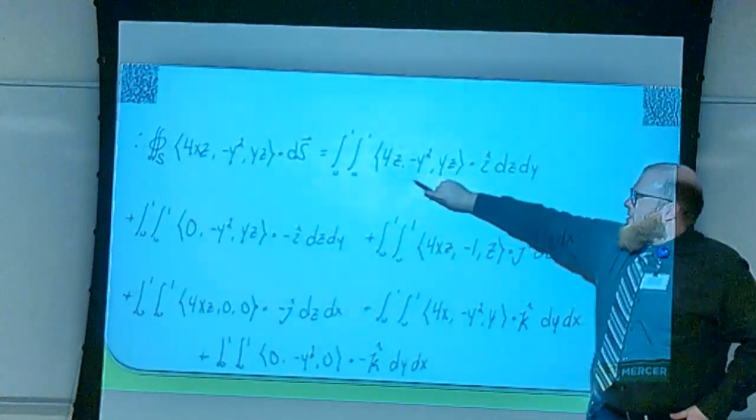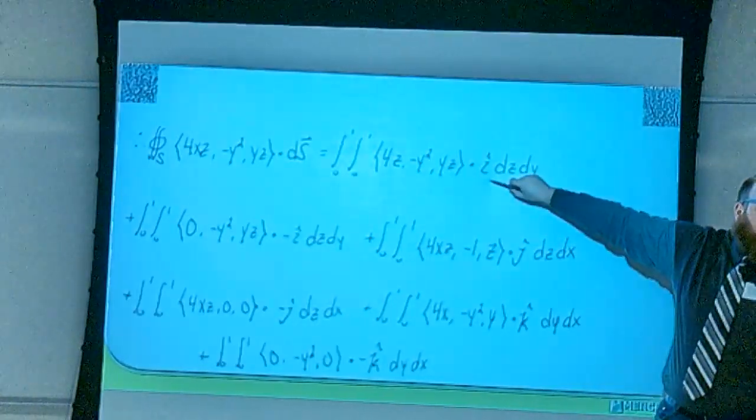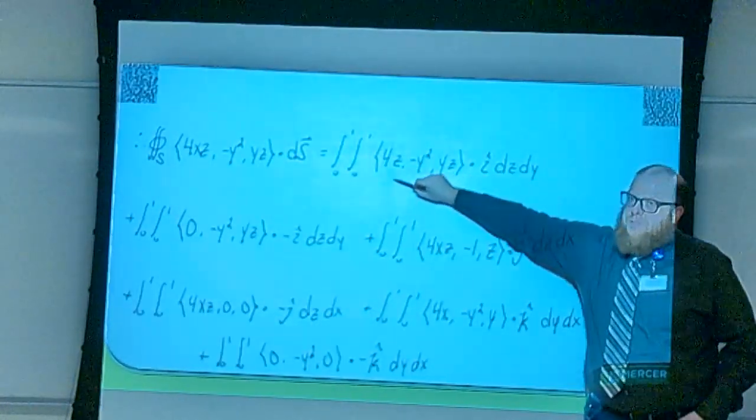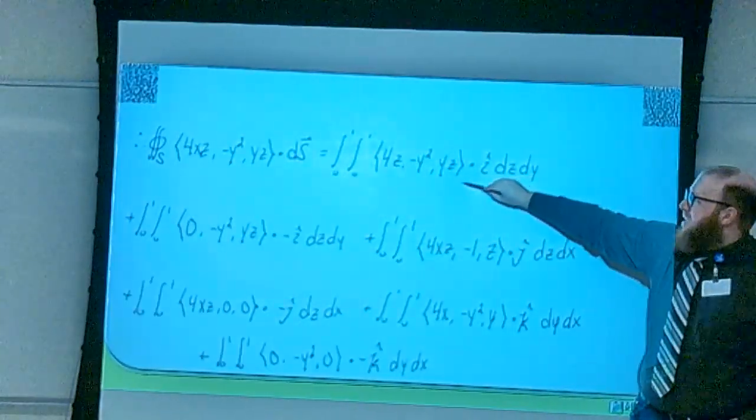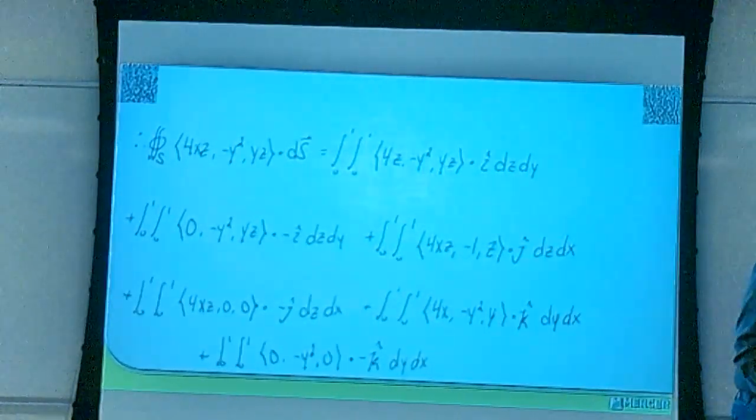Do the dot product. What do you get? What happens if you take a vector and dot it with just i?